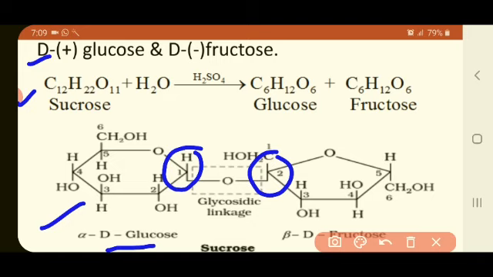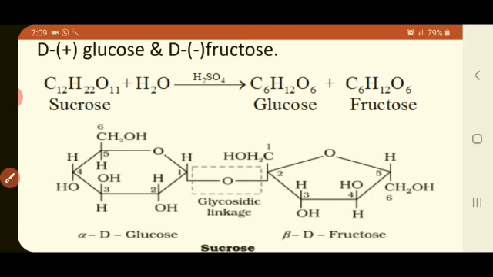At the first carbon atom of alpha D glucose, here it comes as OH and here it comes as OH. So these two OH groups react, with the loss of water molecule, and get linked through oxygen atom, and this type of linkage is called as glycosidic linkage.